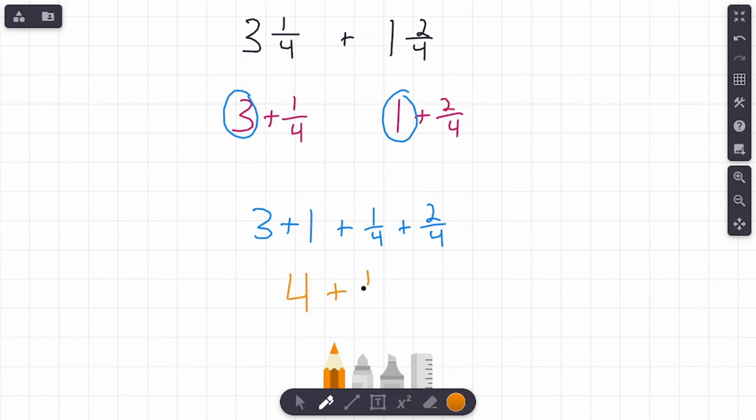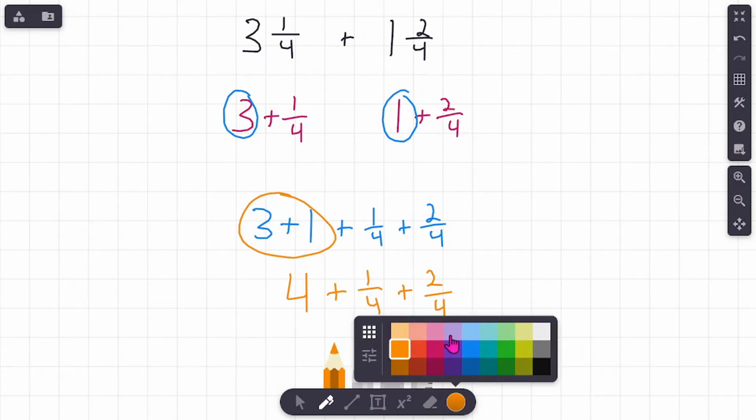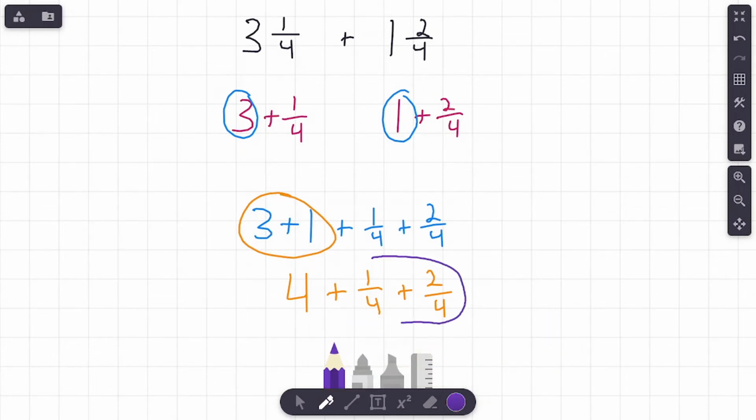So we've got 4, and now we've got our fractions. Take a look at this for a second. 3 plus 1 gave us 4. Now let's add our fractions. Let's add 1/4 plus 2/4. I'm going to write this over here on the side because I took up too much room.